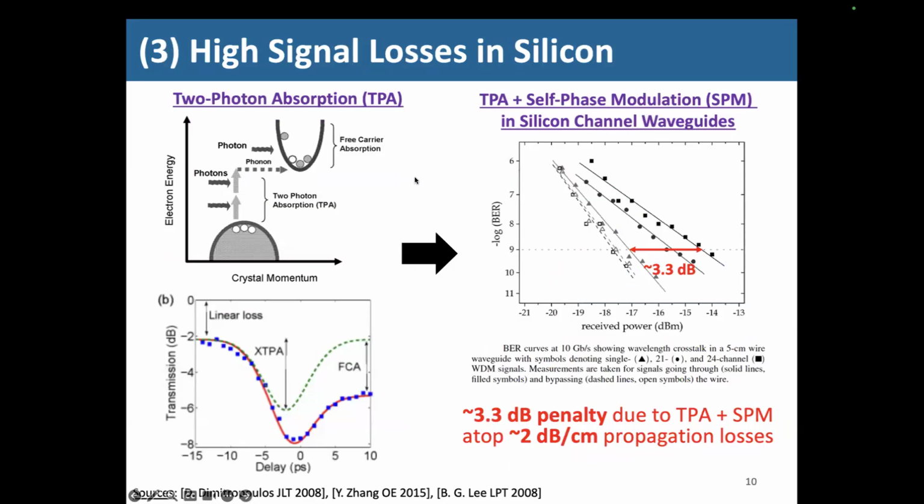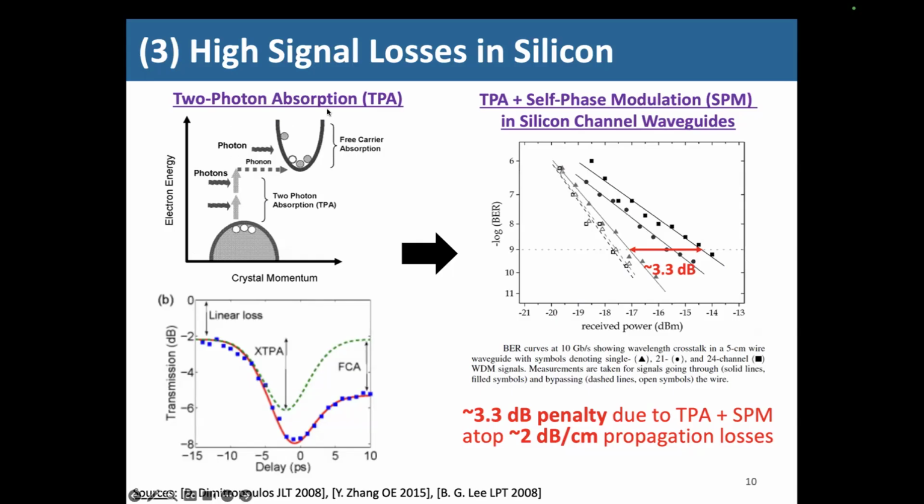The third is the high signal losses in silicon themselves. So if we talk about the operation of silicon in O and C band, we don't worry too much about the losses, because of the lower absorption loss, typically, if the silicon is not doped, for example.